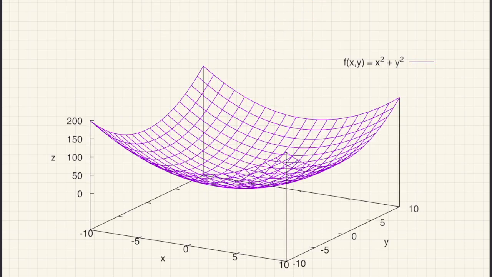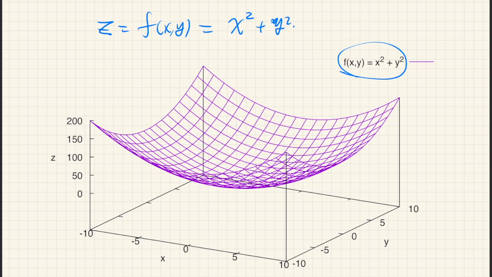In this figure, I show the graph of this function. That is, z is equal to f of x and y, where this function is defined by x squared plus y squared. So in this case, x and y are independent variables, and z is the dependent variable.